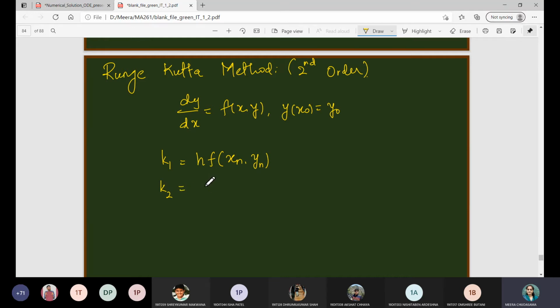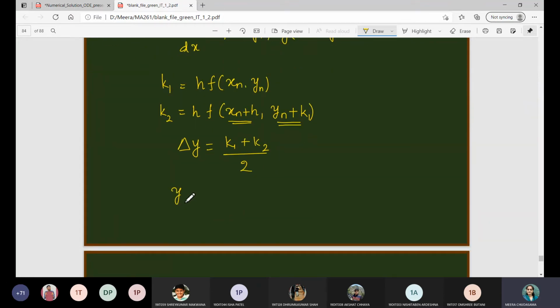So k2 will be h into f, but now instead of xn, let us consider xn plus h, and instead of yn, yn plus the thing you computed in the last computation, that is k1. So h into f, the function value at xn plus h and yn plus k1, this increment that you took. After this, consider delta y as the average value of these two, that means k1 plus k2 by 2, right?